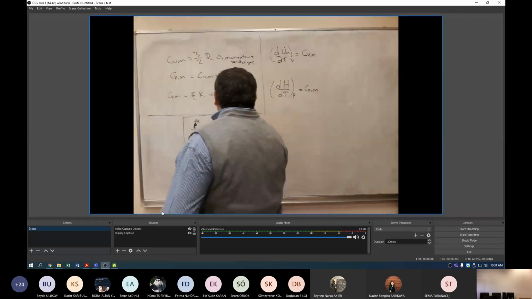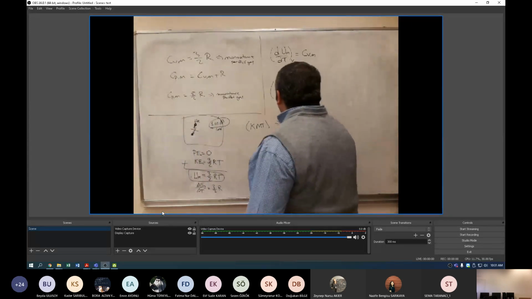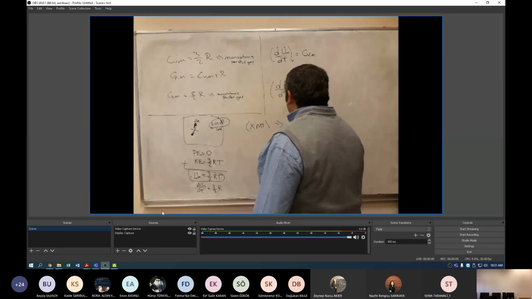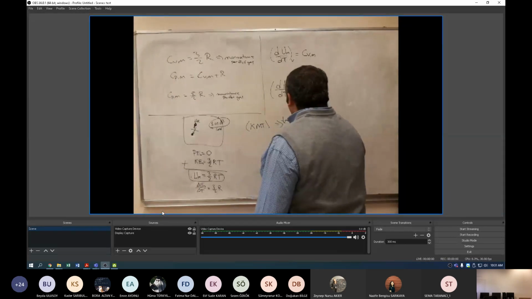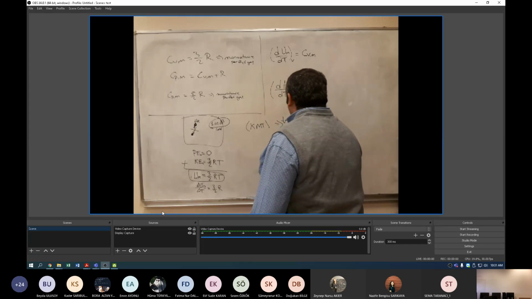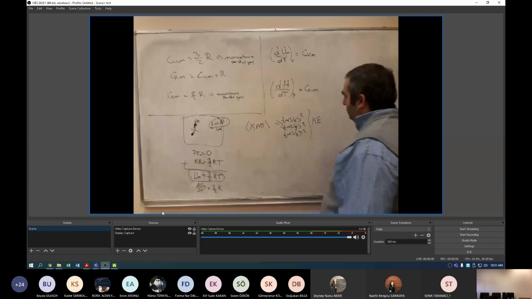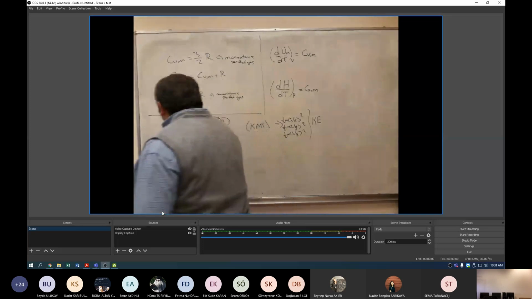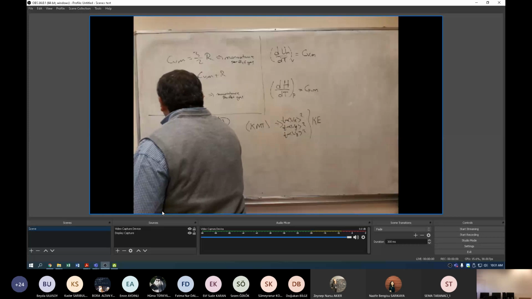If you remember from kinetic molecular theory, we said that molecules can move in the x, y, or z directions, and 1 over 2 m v squared is the kinetic energy of the molecules, right? This tells me that this molecule can go in the x direction, y direction, or z direction.